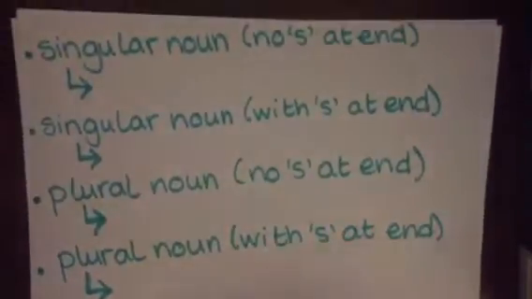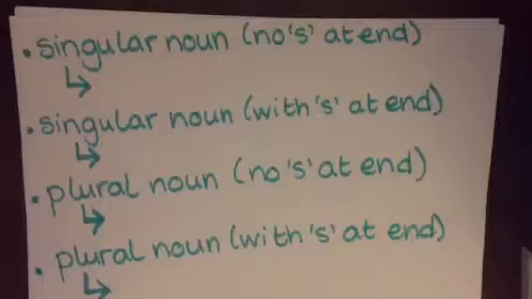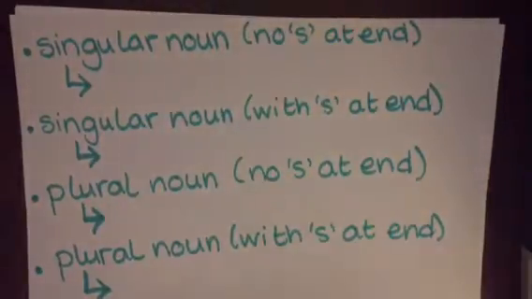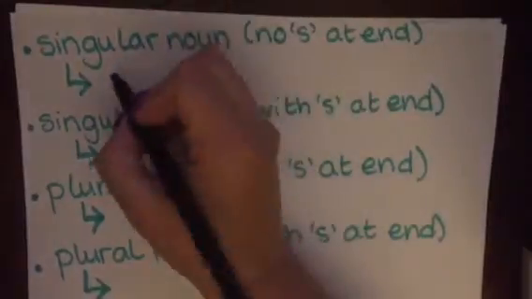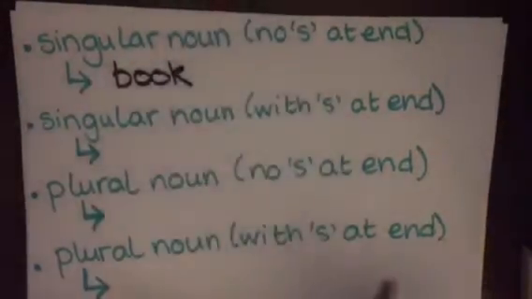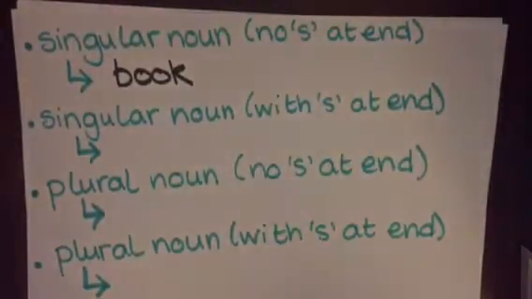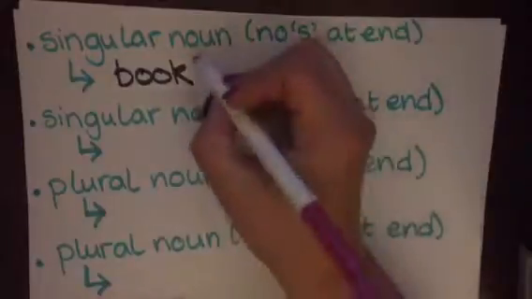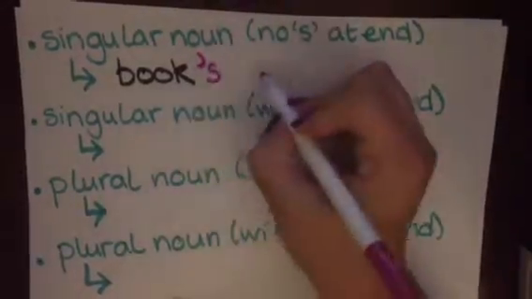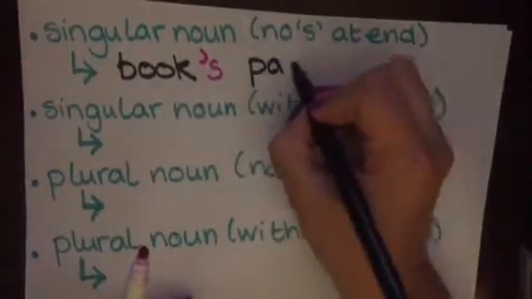So, if we have a singular noun that has no S on the end, so it's just one thing with no S on the end, like book, and we want to show that something belongs to the book, like pages, we add an apostrophe S. The book's pages.